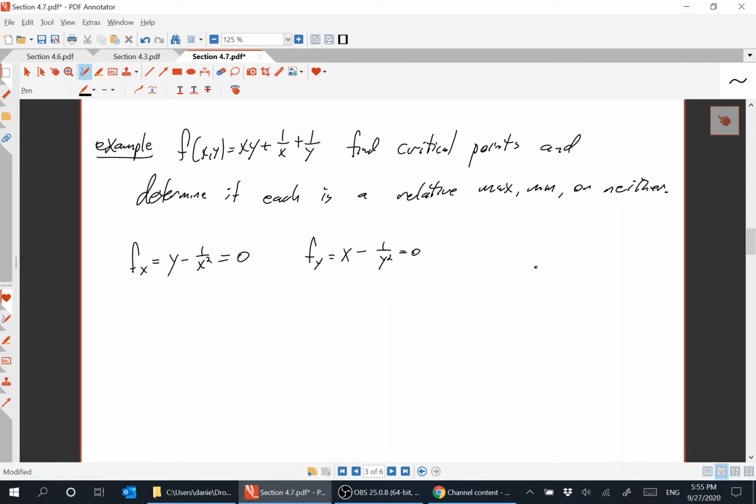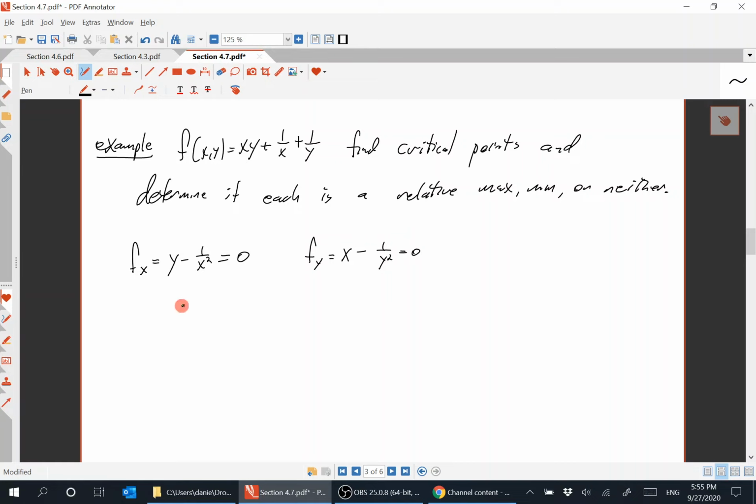There we go. So we have these partial derivatives. So now we have to solve. But this is one equation with two unknowns, so you can't solve for x and y here specifically. But now we have a second equation with the same two unknowns. So two equations with two unknowns. Hopefully we can find a solution.